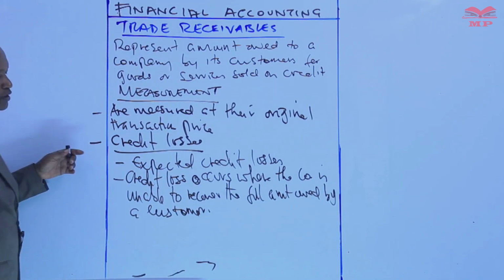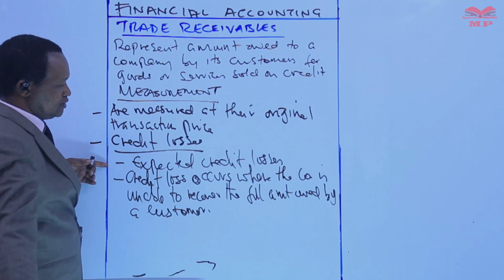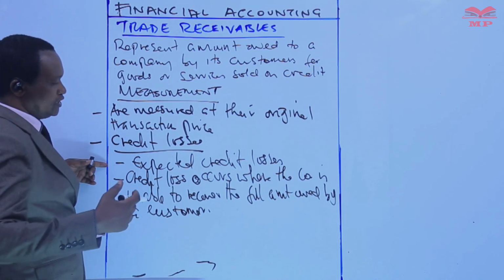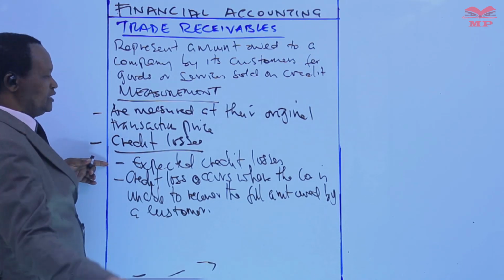So when I sell you goods amounting to 100,000 and I only recover 90,000, then it means 10,000 is a credit loss.